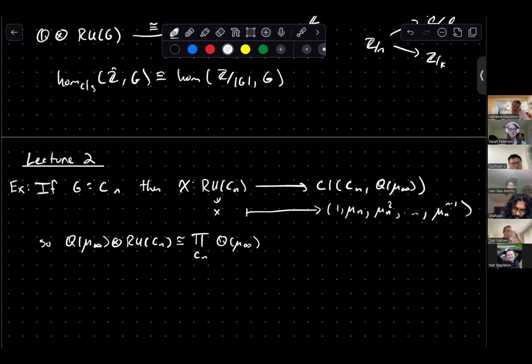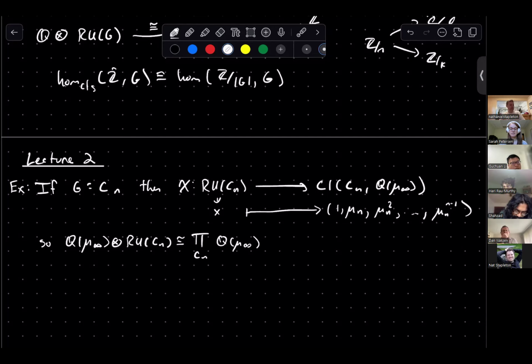And what this is saying is that if I base change the n torsion in Gm to Q adjoin mu infinity, I get the constant group scheme, which is the cyclic group of order n over Q adjoin mu infinity. Again, it's not important that you understand what that means, but if you do have some idea of what that means, this is basically a defining property of Q adjoin mu infinity. It's the thing that tells us that Q adjoin mu infinity is the right coefficients to take for the character map.